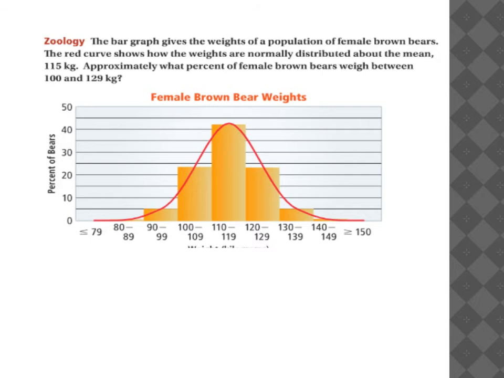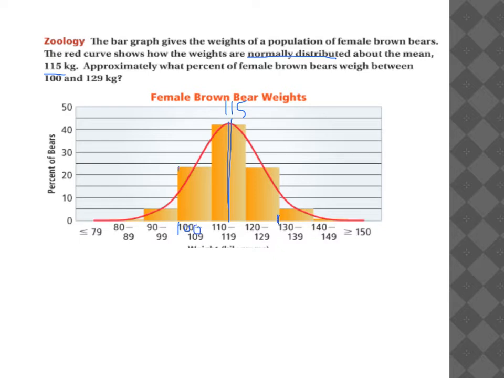So here's my histogram with my bell curve, and it's telling us that it's normally distributed right there. It says the mean is 115. So right here about would be where the mean is at 115. And approximately what percentage of female brown bears weigh between 100, so if I look, 100 is right here, to 129.